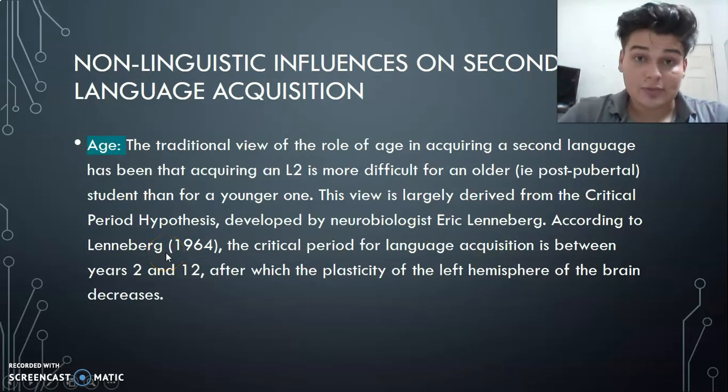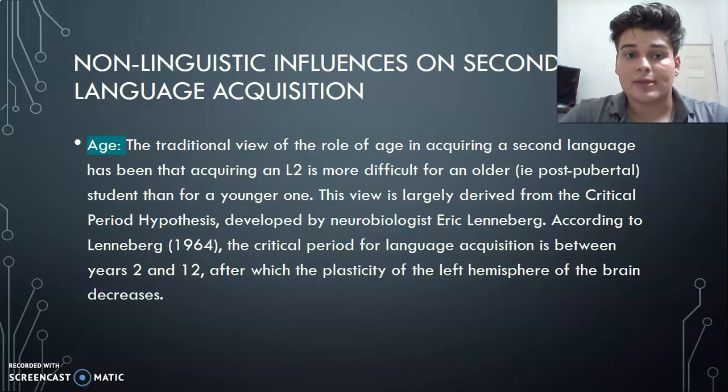So, as we know, there are other things that influence second language acquisition that are non-linguistic, like age. Well, everybody here knows that when we are getting older, it's harder to learn another language.